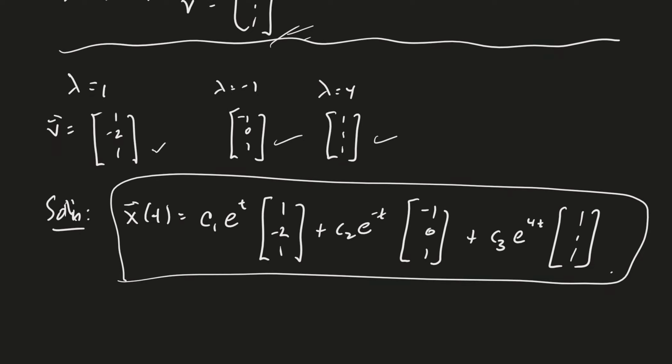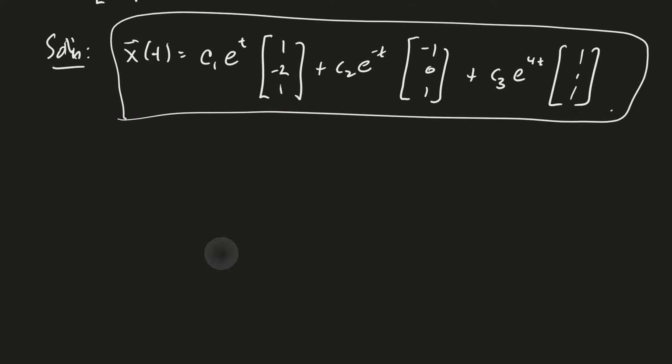Good. So today what we're going to talk about is what happens when we have complex eigenvalues. So what if lambda is complex?